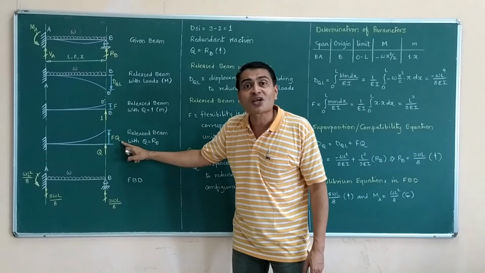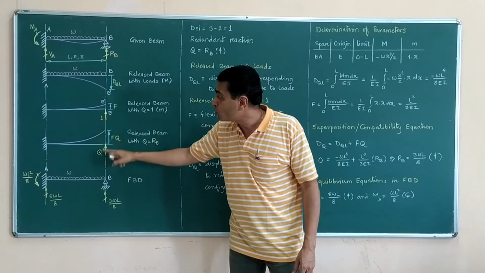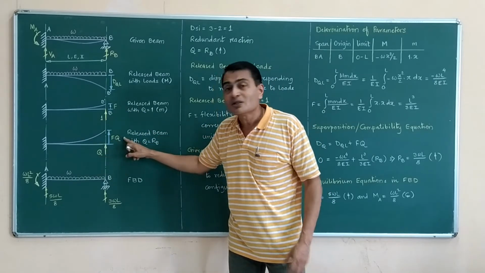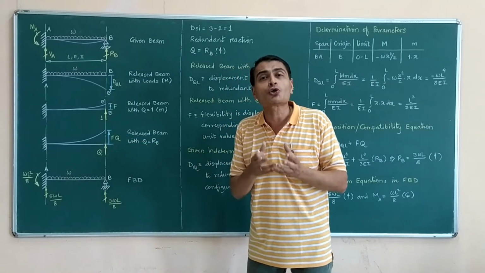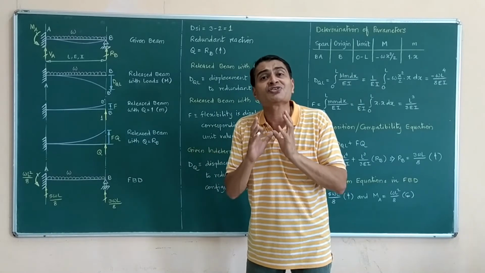Why this is called as F into Q? Because when one load becomes Q newtons, the corresponding displacement will become F into Q or Q into F. That is rather straightforward.